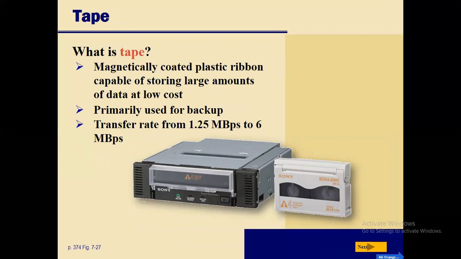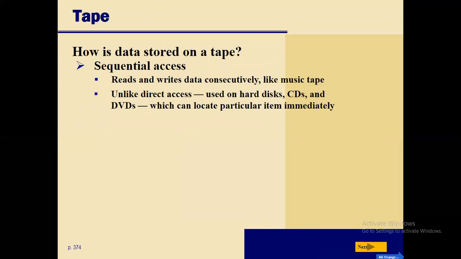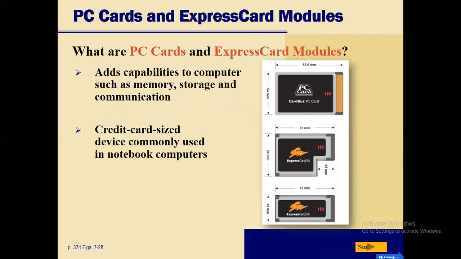As we discussed earlier regarding sequential access devices, we can use magnetic tape or tape cassettes where reels are used, and the information is recorded on both surfaces of the reel, and the transfer rate is from 1 to 1.25 mbps to 6 mbps, and the data can be retrieved or accessed through sequential access.